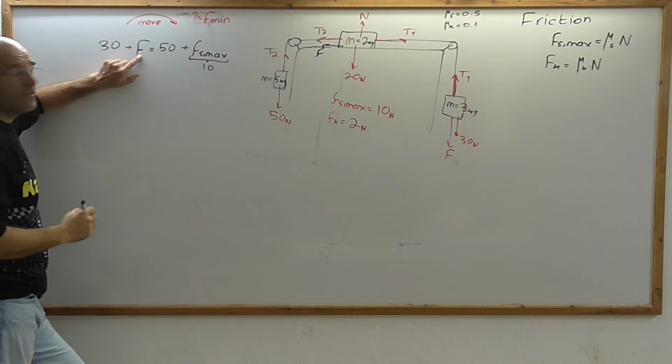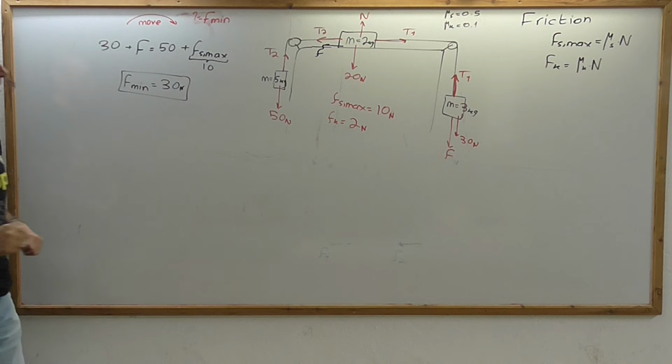This is the minimum force I need in order for the system to accelerate that way. The force with the 30, they help each other, must overcome all the other forces in the opposite direction: this one and the maximum of that one. So F must be 30 newtons. Let's investigate a little bit.